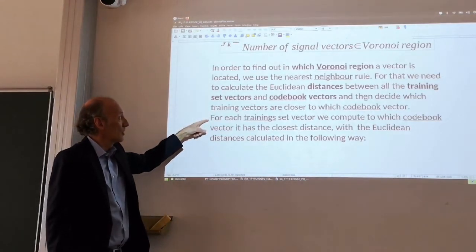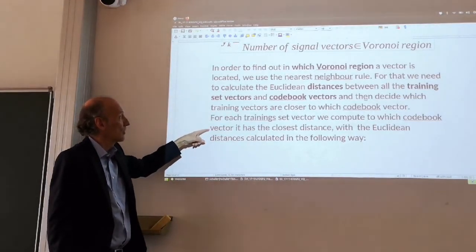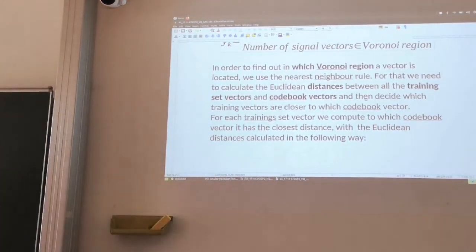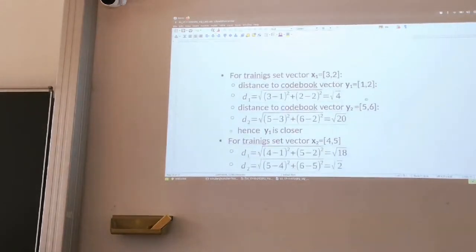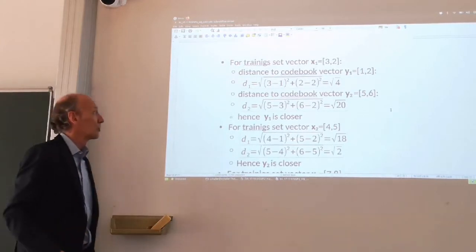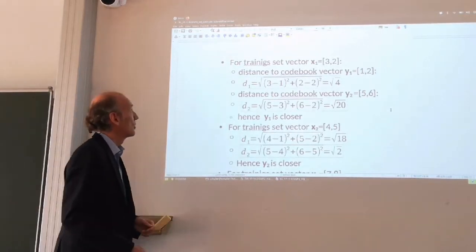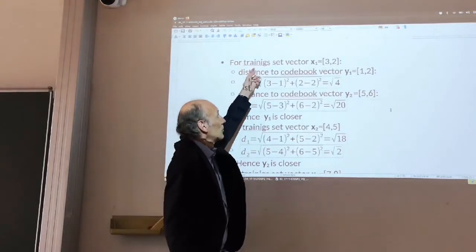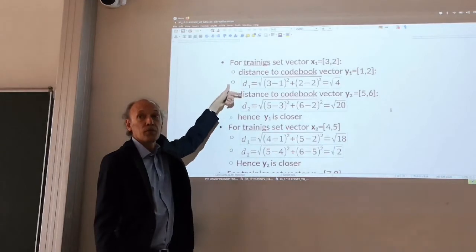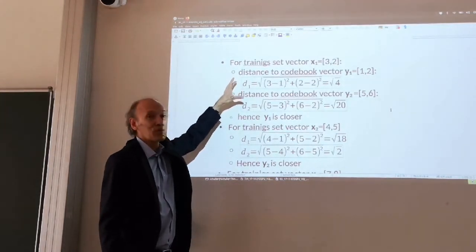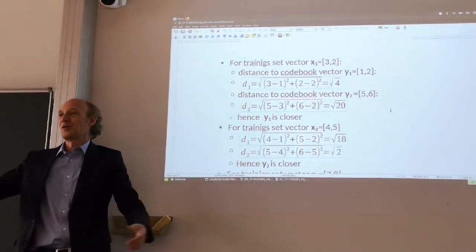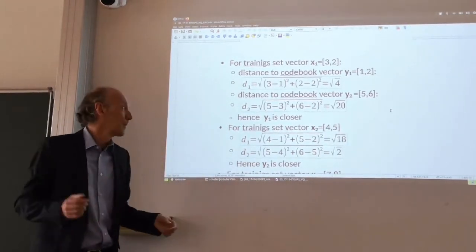So this is how you would actually do it in a computer. For each training set vector, you compute the distances to the two code words, or to all code words. Here we just have two code words, so that makes it easy for this example. But in general, your computer doesn't mind if you have, for instance, hundreds.